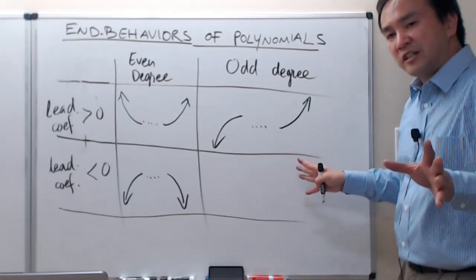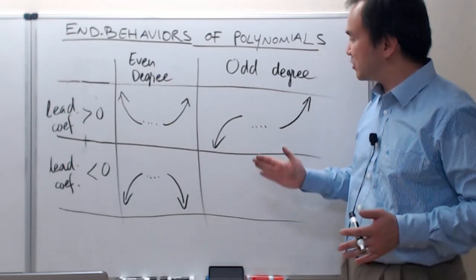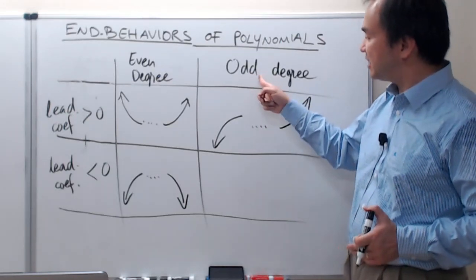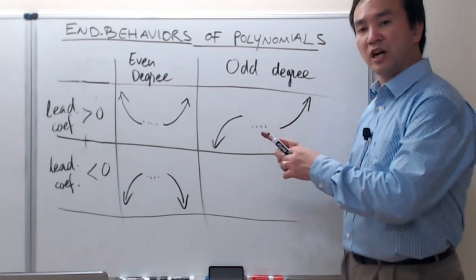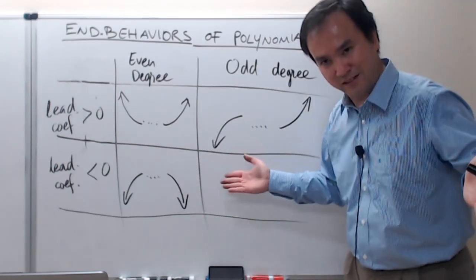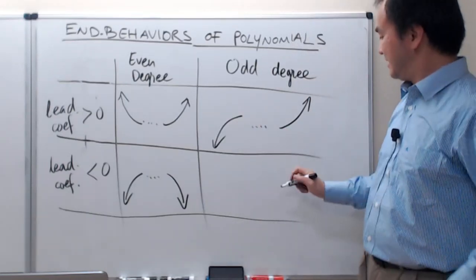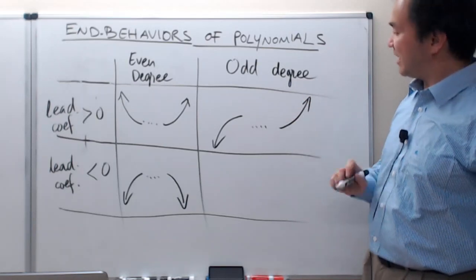A lot of instructors, a lot of faculty, a lot of professors keep telling their students that when your polynomial has odd degree, the left and right ends go in opposite directions. I have no objection. I'm not comfortable telling my students that, but yes, that's one way you can understand. And so that's how it is.